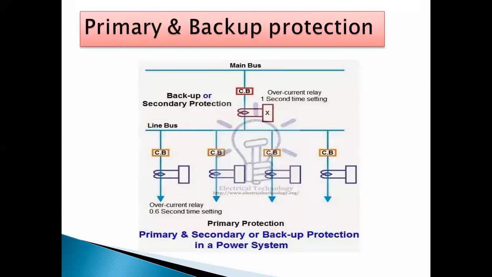In this way, in transmission lines also there is a primary protection and backup protection. So here you can see the figure. This is the main bus bar, right? Then there is a line, and this is the line bus bar. Here these are the sub lines used for the distribution purpose.